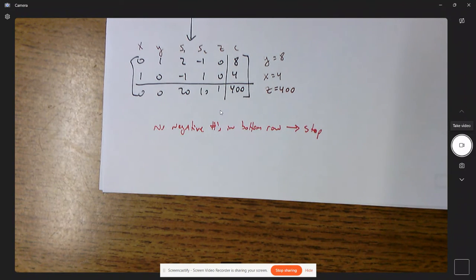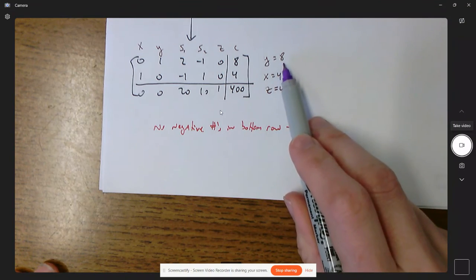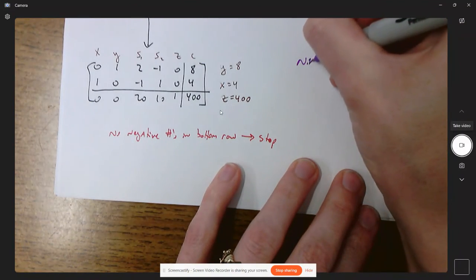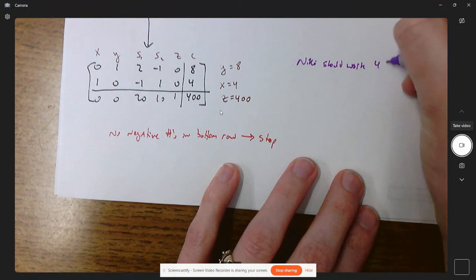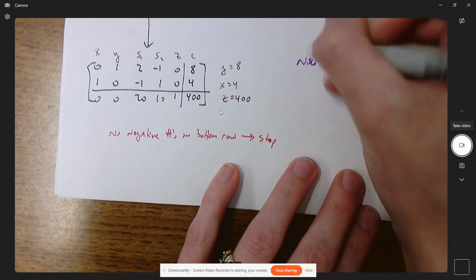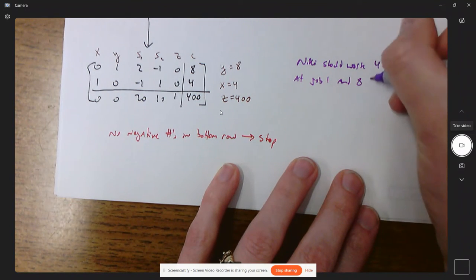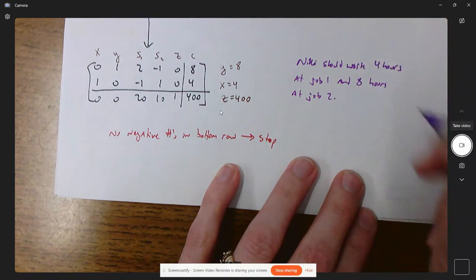All right, so what does that actually tell me about my problem? Remember, X was job 1, Y was job 2, right? So what this is telling me is that Nikki should work 4 hours at job 1 and 8 hours at job 2, right?